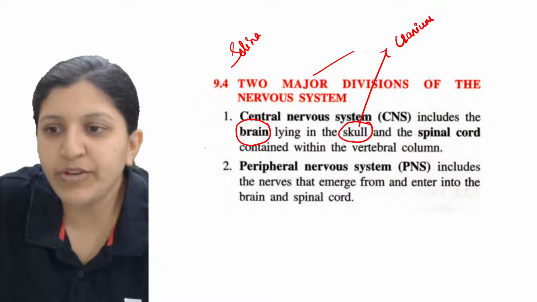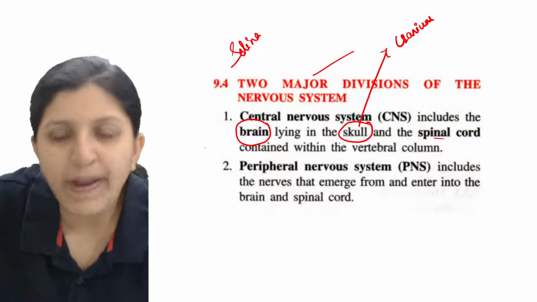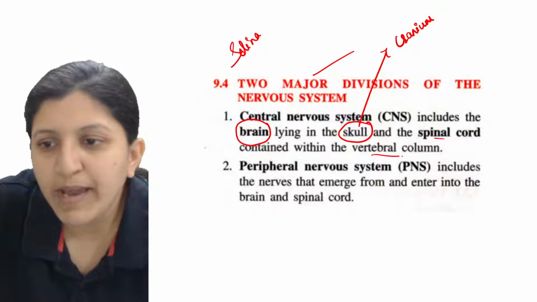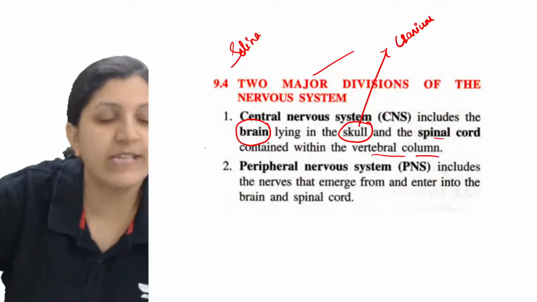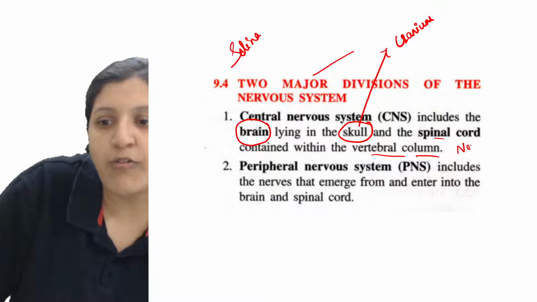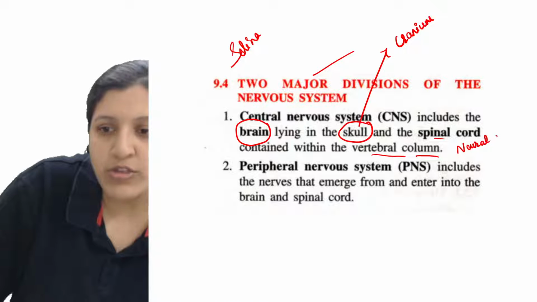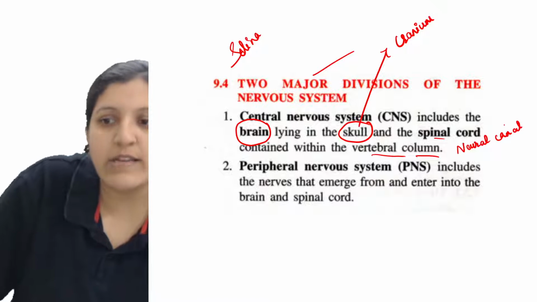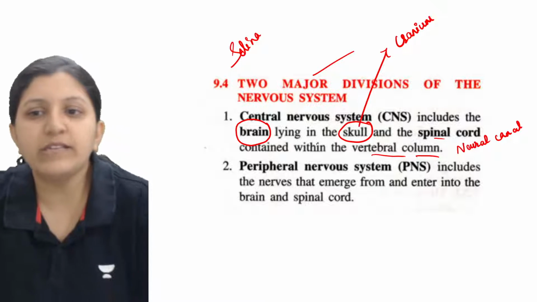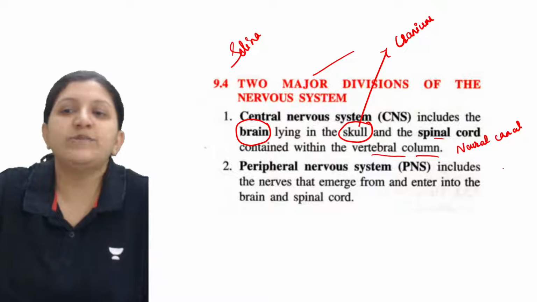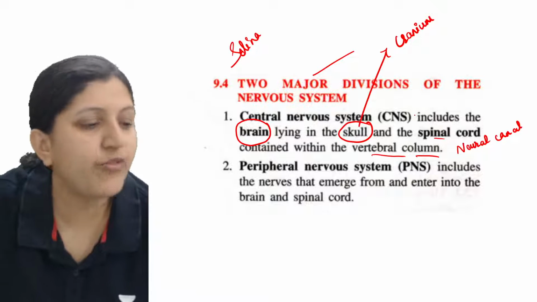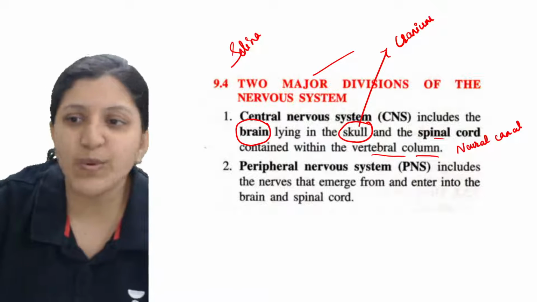Then there is the spinal cord, which is protected by the vertebral column, in the neural canal of the vertebrae. The spinal cord passes through the neural canal of each of the vertebrae, and the protection is provided by them.